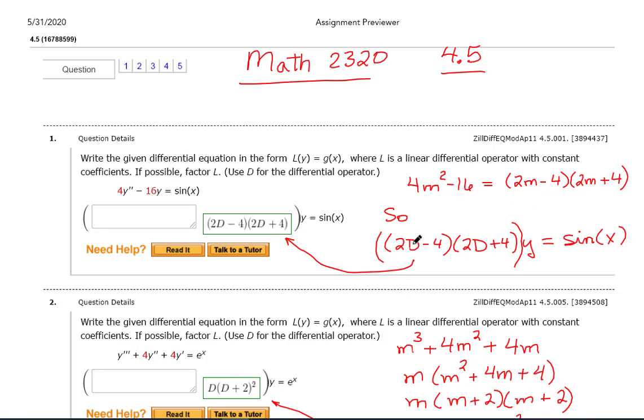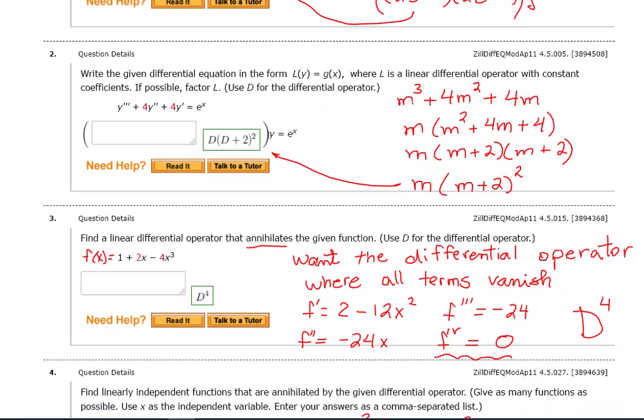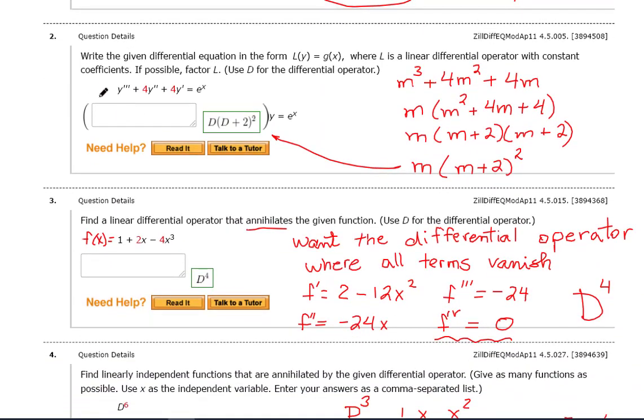And so if you think of this as your differential operator being factored, here is our operator L in this factored form. Well, similarly in question 2, it's a third order problem, but works exactly the same way.